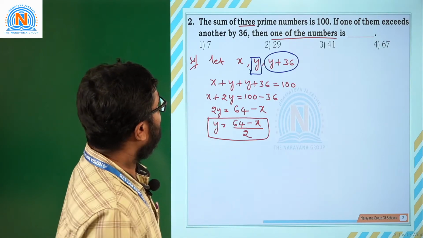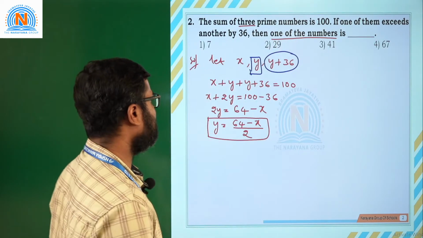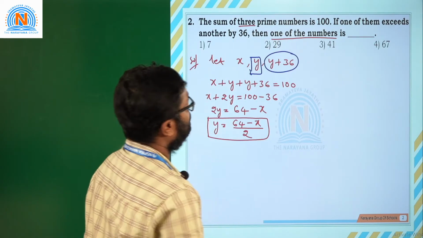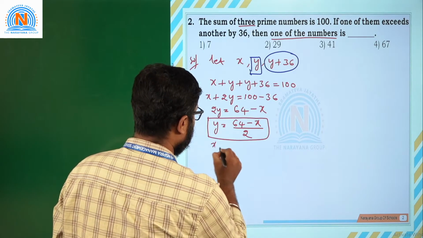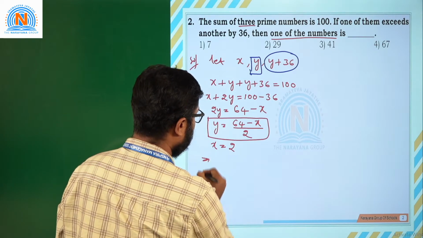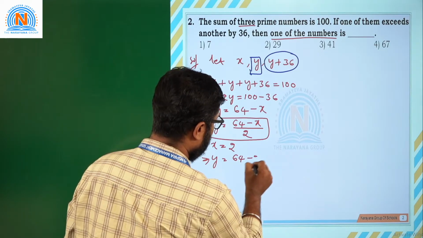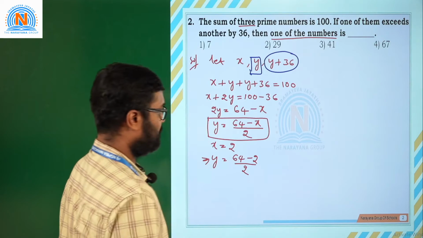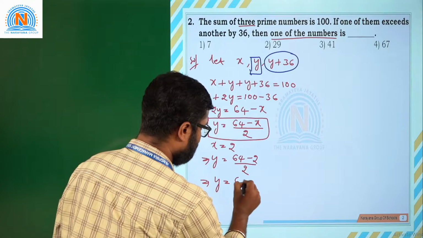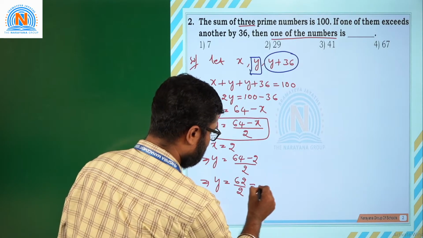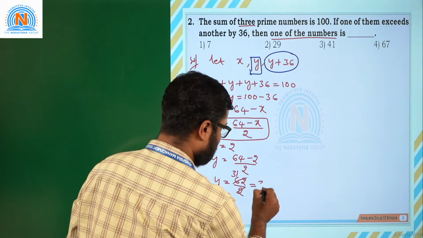See here children, I am taking any prime number, for example 2. So x is equal to 2, then y is equal to 64 minus 2 by 2, that is 62 by 2. 2 3s are 6, 2 1s are 2, that is 31.